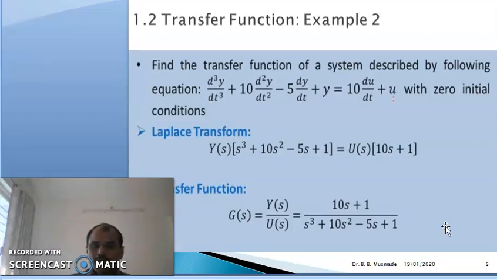For simplicity, the independent variable t is not shown. Here clearly the output is y of t or y and input is u of t or u.